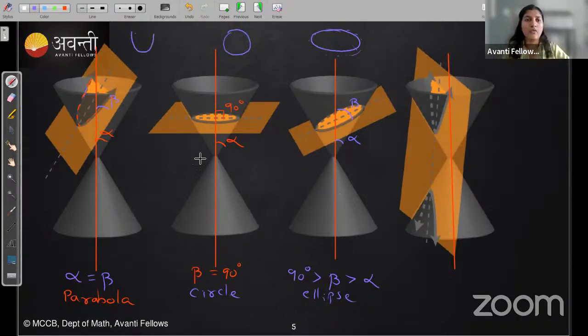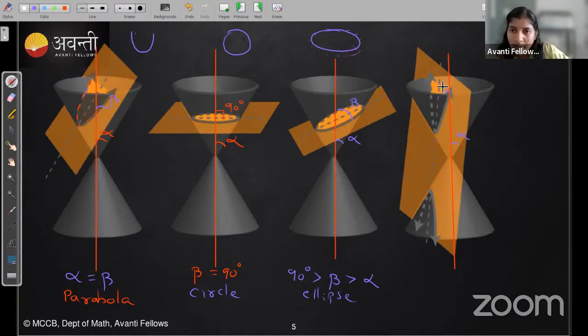Okay, fine. Now coming to the next. Here, this is alpha, and there's some angle beta, the angle between the central axis and the plane.